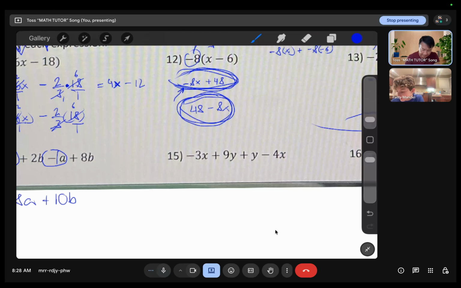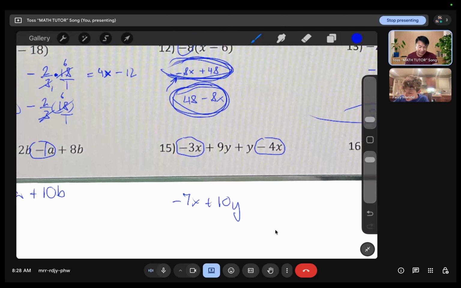And this one, I see this and I see this from left to right scanning. So, okay, what do you think? Negative 7x plus 10y. That's it. Yeah, obviously you can write 10y minus 7x. Now, since I don't know about this one, we'll come back to it if we have time.